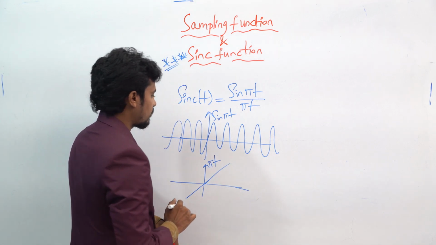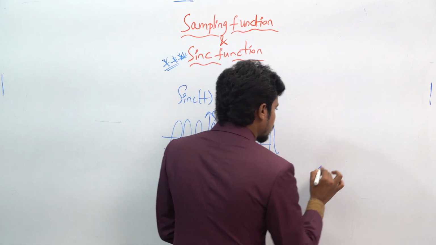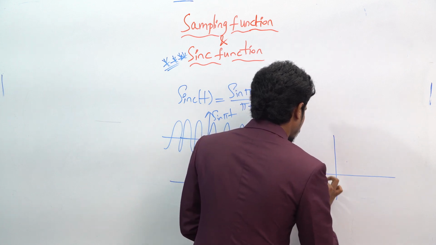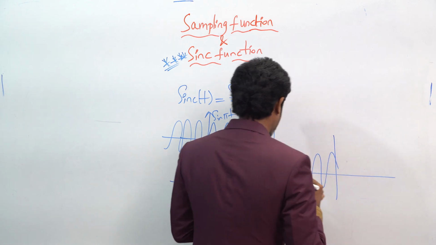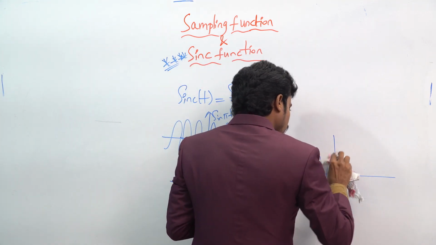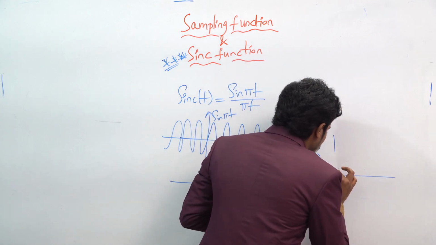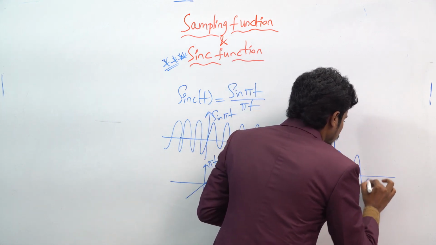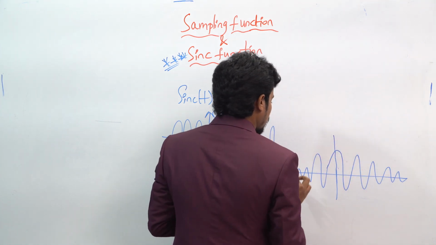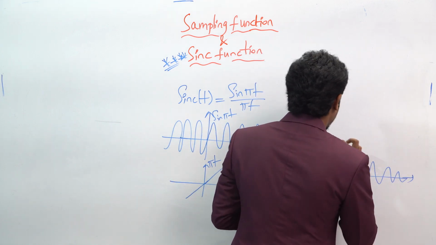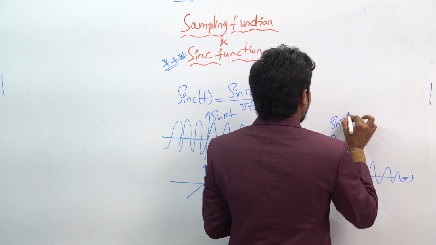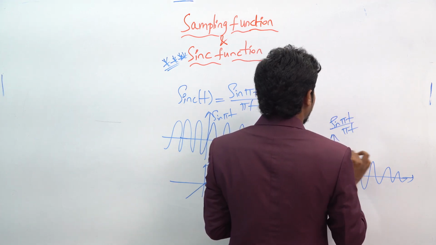The resultant plot will be like this. This will be sin pi t divided by pi t.